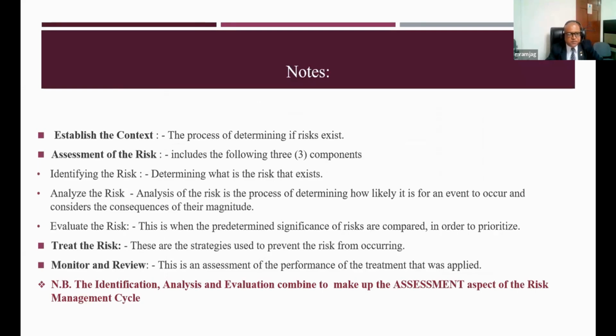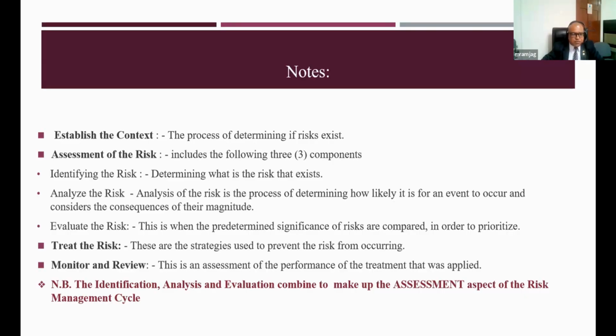Here I have some notes on those. Establish the context: it's the process of determining if a risk exists. Assessing the risk includes three components: identification, analysis, and evaluation. As I always say, finding or knowing the risk is not the end of it. You have to analyze the risk and evaluate the risk as well.